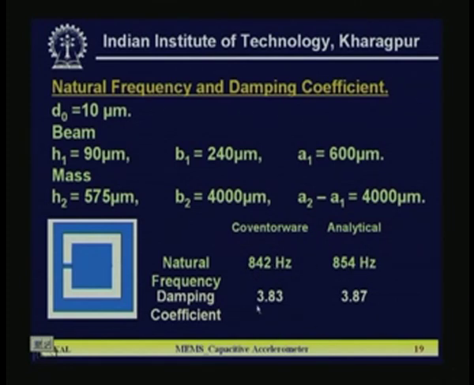In damping coefficient, 3.83 and 3.87 are very close, but this damping coefficient is not acceptable because it is not our design value. The design value of the damping coefficient should be nearly 0.7 to 1 or 1.1. The natural frequency may be acceptable, it must be greater than 100 hertz, so it should not be less than 100 hertz.